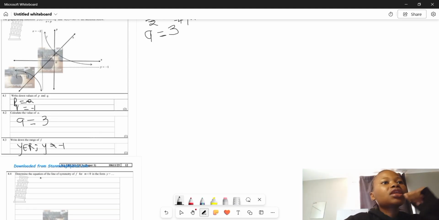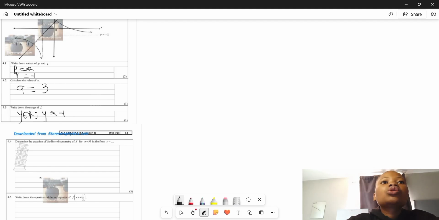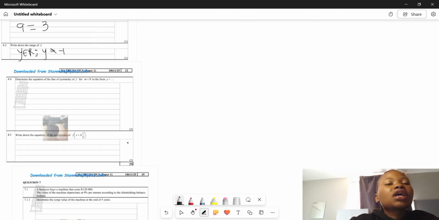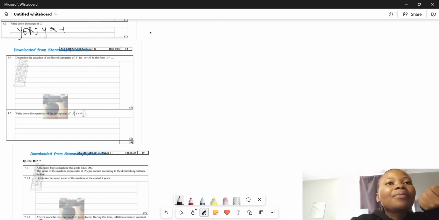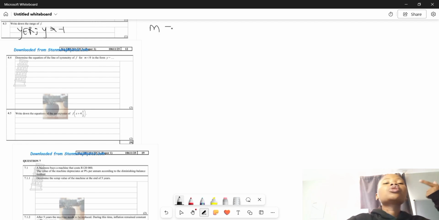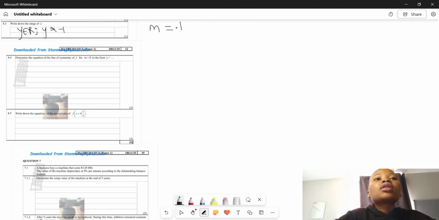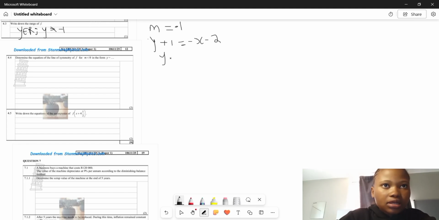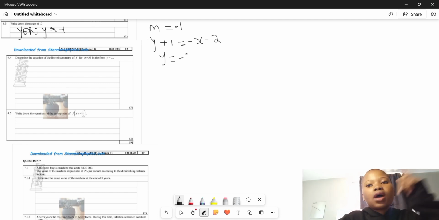So now we have to determine the equation of the line of symmetry. To do that, we are going to determine the equation of the straight line. The m that we're given is negative 1, so y plus 1 is equal to minus x plus 2. Now we write it this way: minus x minus 3. We take 1 to the other side.